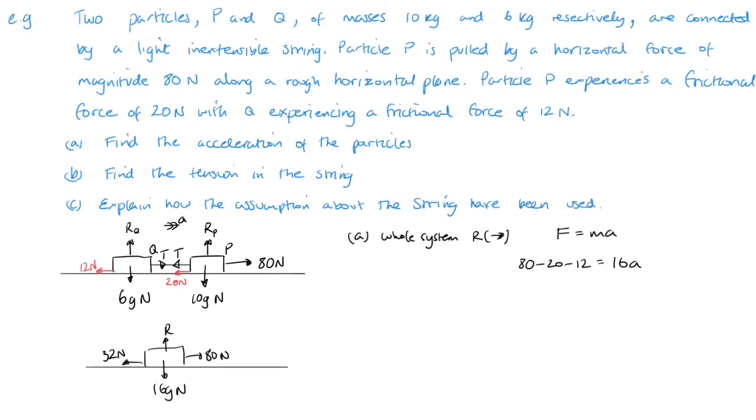So 80 minus 20 minus 12 is 48. Divide by 16. a equals 3 meters per second squared.